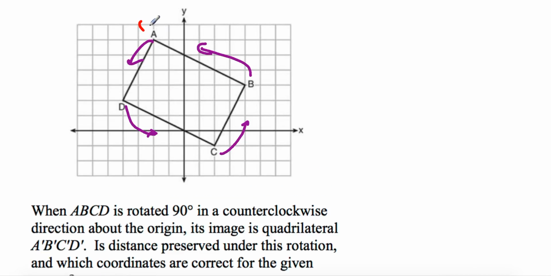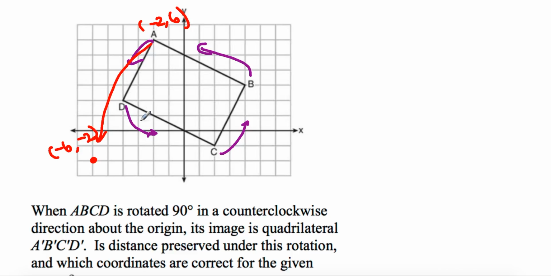This used to be -2, 6. So -2, 6 was my point, but as it moves 90 degrees, actually, the point has to go down 6 and then -2 right over here. This point will travel this far.